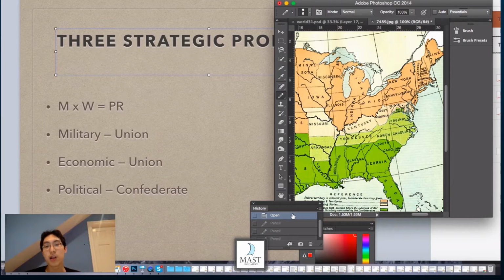So Lee at this point wants to, first of all, decrease the morale of the Union population so they lose the will to fight, and secondly, to also strengthen the platform of the Democratic Party to the point where they gain enough support that they could perhaps beat Lincoln in the election and come to the negotiating table. So Lee, with the Army of Northern Virginia, invades the North through the Shenandoah Valley, goes into Pennsylvania.